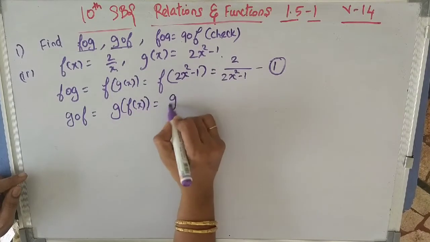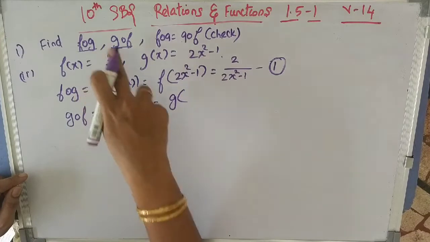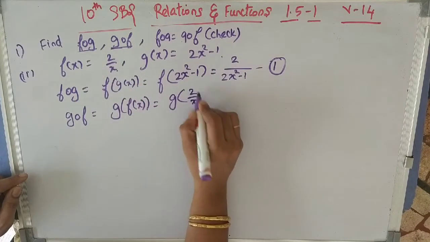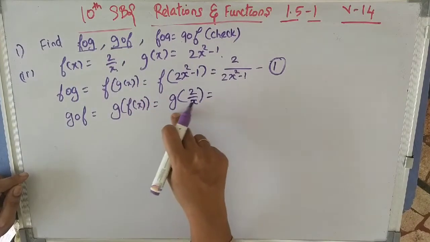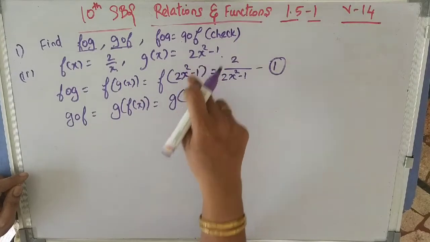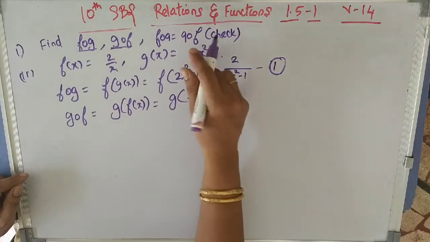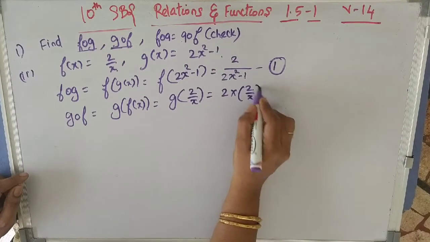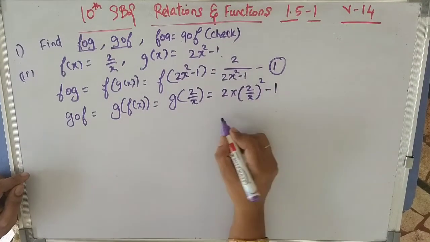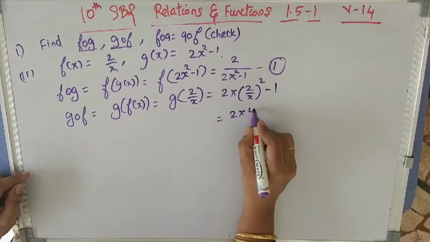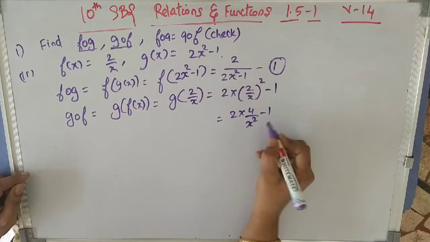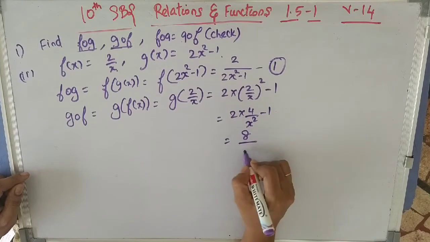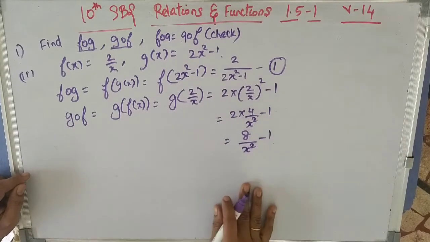Now g dot f. That is g of f of x. g of, what is f of x? 2 by x. What is g of 2 by x? In g of x, I am going to remove that x and replace with 2 by x. g of x is 2x squared minus 1. So, 2 into 2 by x whole squared minus 1. That is 2 into 4 by x squared minus 1, which is equal to 8 by x squared minus 1.